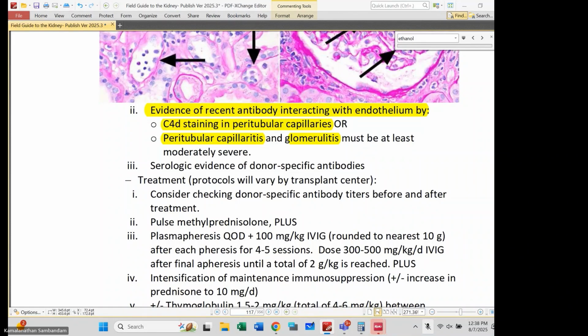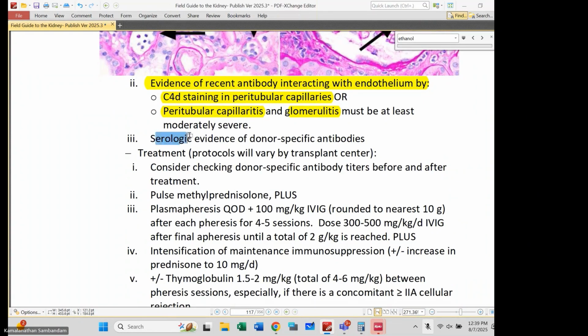Okay, C4D is a piece of C4 that is covalently bound to cell surfaces that have interacted with the classical pathway of complement activation. Okay, so that covalent binding gives it resilience, right? Gives it persistence on kidney biopsy specimens. Okay, so that's why we often see C4D, and that can persist for a while. Okay. The third criterion is we need a positive donor-specific antibody.